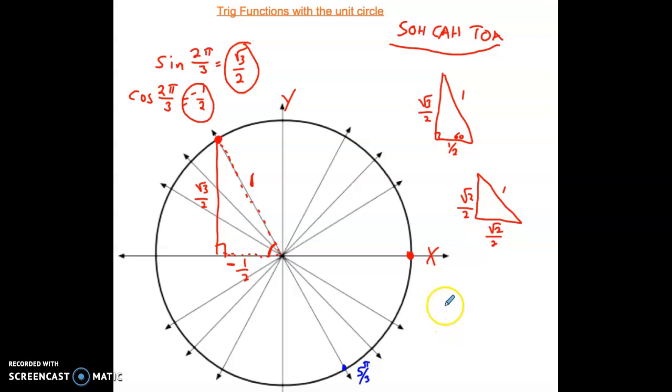So if I want to know the sine of this angle, 5 pi over 3, we find our angle, always go perpendicular to the x-axis. When we connect that point to the origin, that's creating our right triangle. Always at the origin is our reference angle.